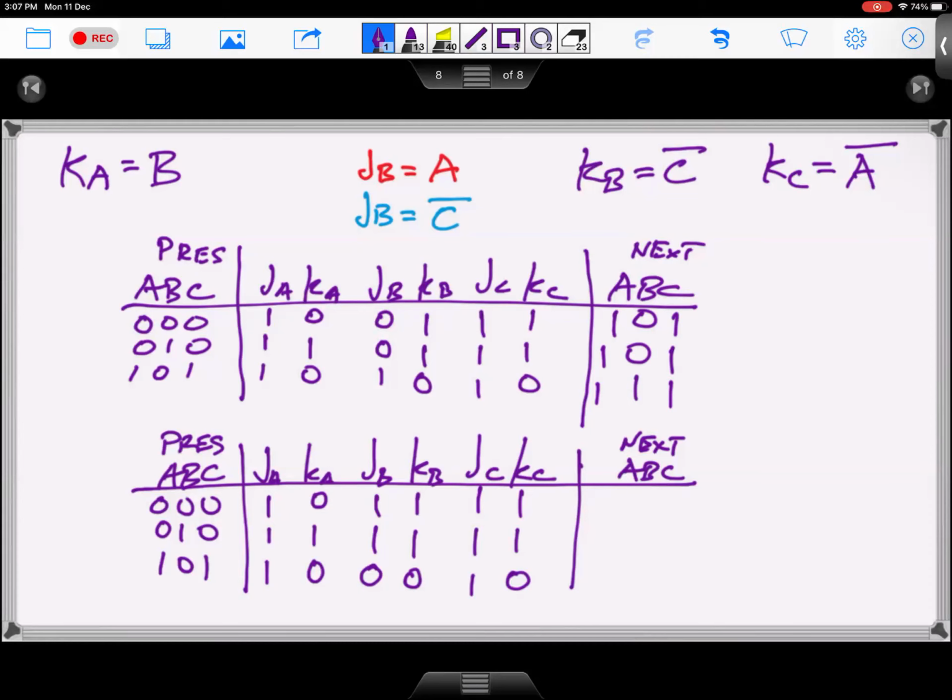Down below, we have a 1, 1, 1. And we have a 1, 0, 1. And we have a 1, 0, 1. So in actuality, the people that chose the JB as a C bar, whoops.